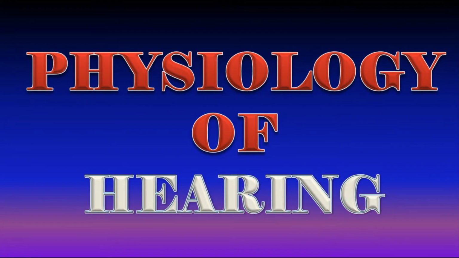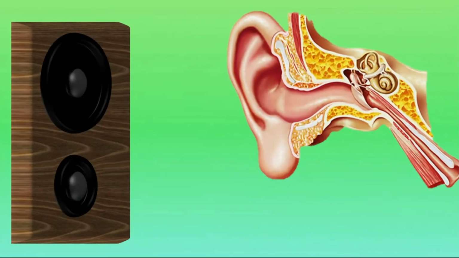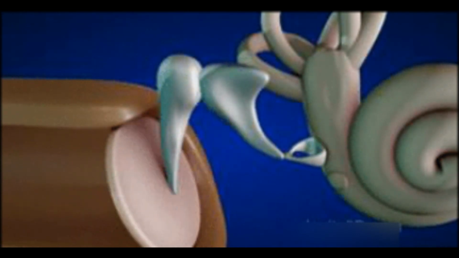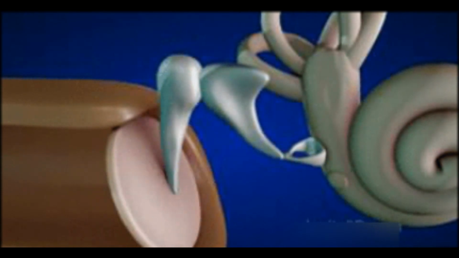Now let's move to the physiology of hearing. How are we able to hear? Let's see. The sound waves which pass through the external ear vibrate the tympanum. This vibration of the tympanum is transmitted to the ear ossicles, which causes the vibration of the membrane in the oval window.